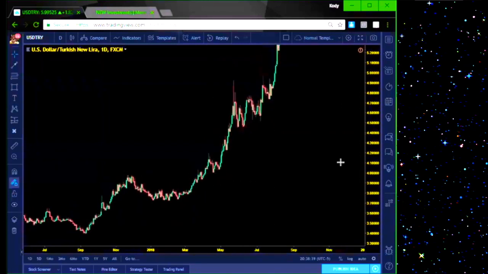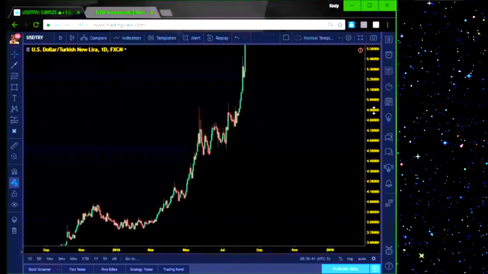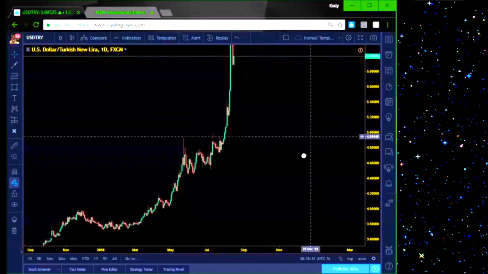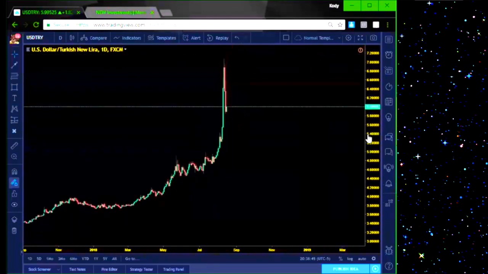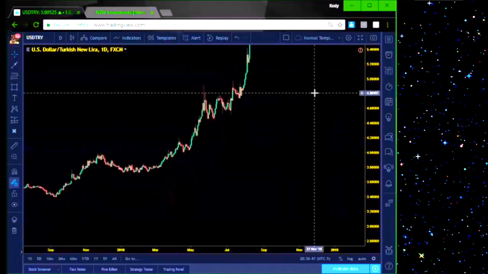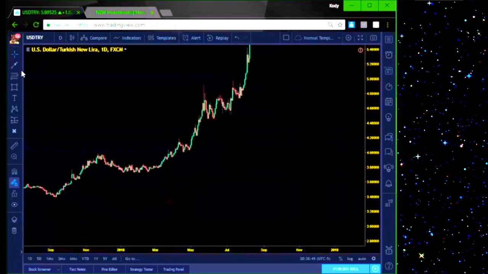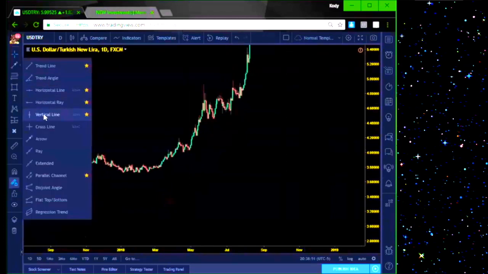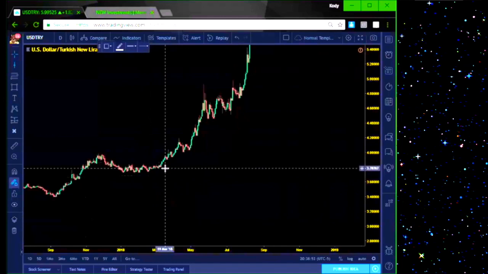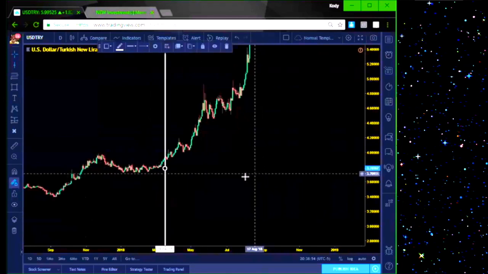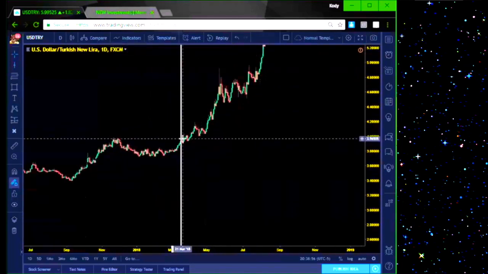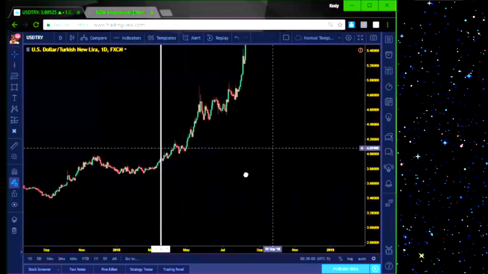I'm going to show you guys here. I've got USD Turkish New Lira pulled up on the daily time frame, and this baby has been in bullish structure since right here, which is 20th March 18. So it's been about 5 months now.